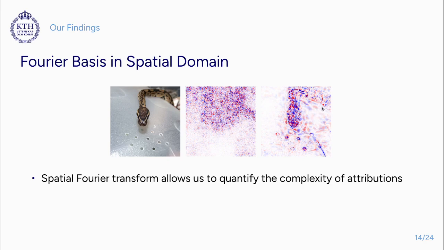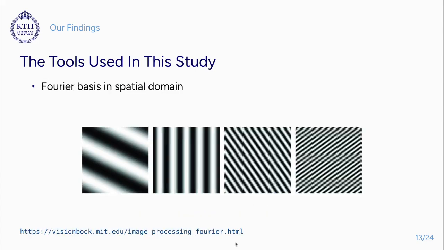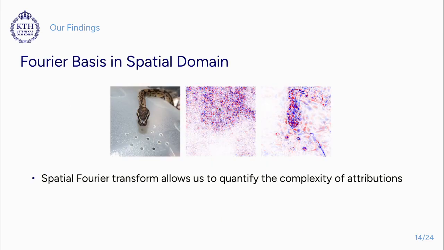And this one has more low frequency components, because if you take the Fourier transform, you can compare the two. If you imagine the previous slide we had about the Fourier basis, you could see that to express this in terms of Fourier basis, you need to use this basis more than this. But if you want to express this one in the Fourier domain, you can use lower frequency information more than high frequency information.